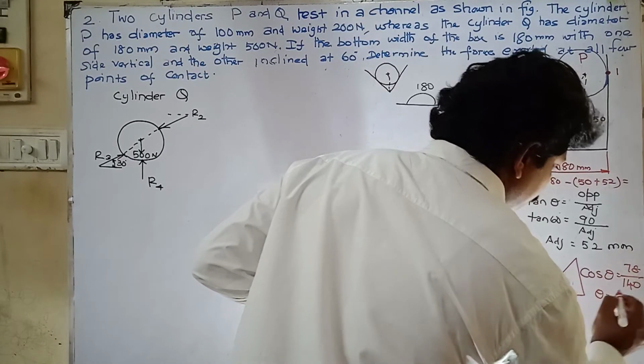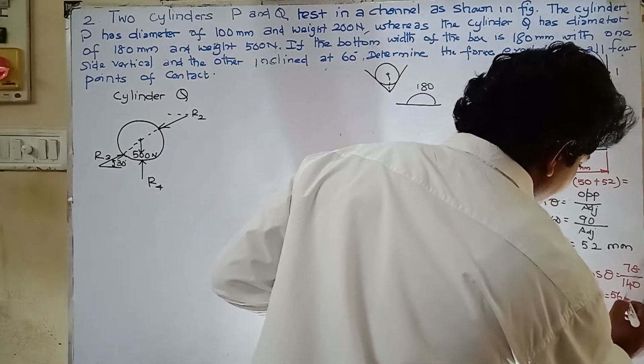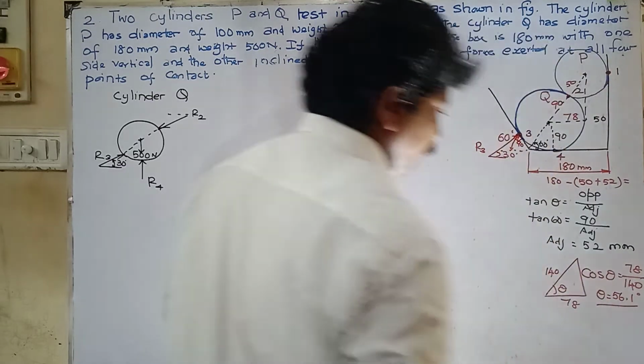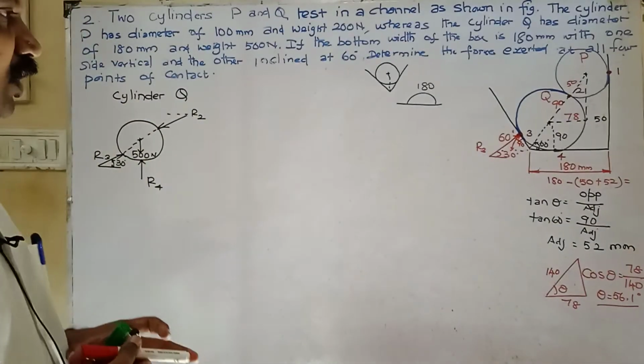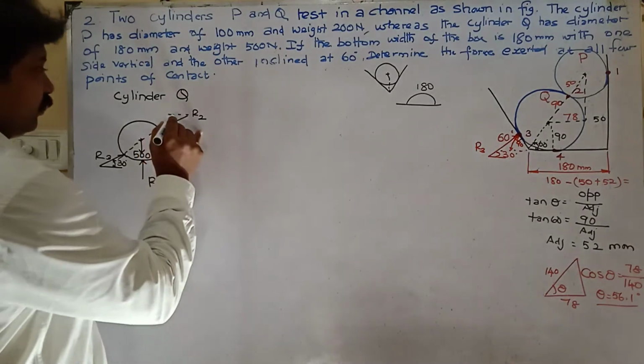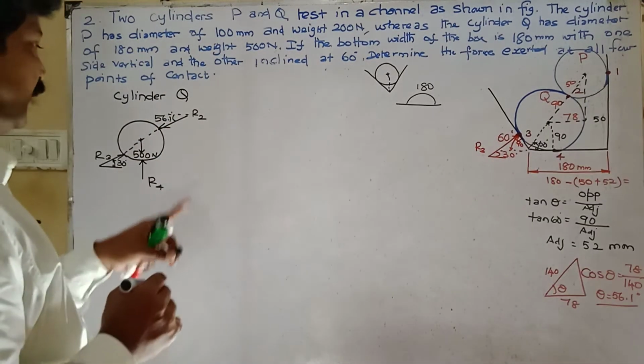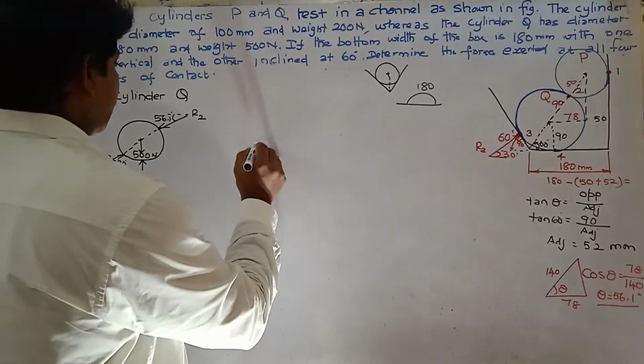From that, theta equals 56.1 degrees. So now substitute the value 56.1 degrees and draw the line diagram of the cylinder Q.